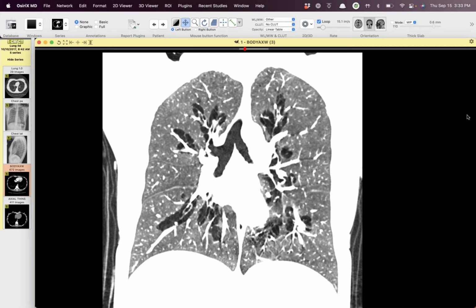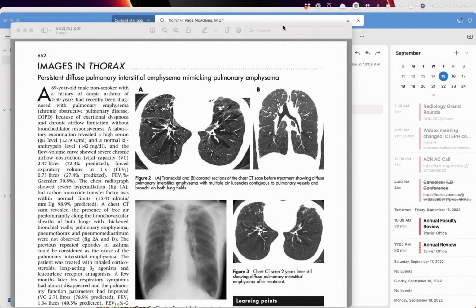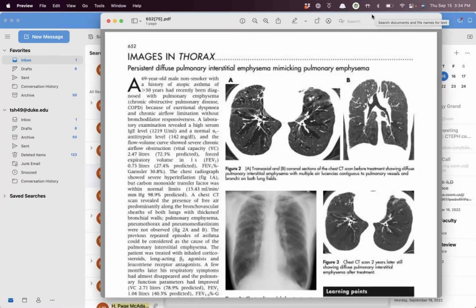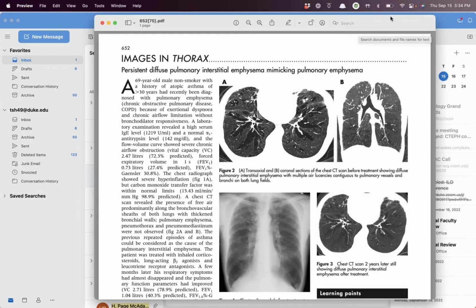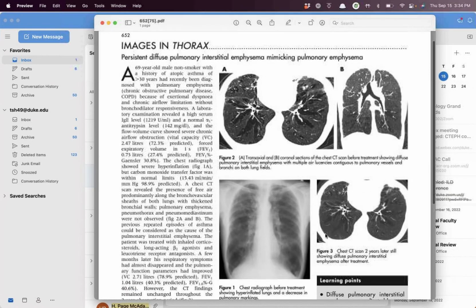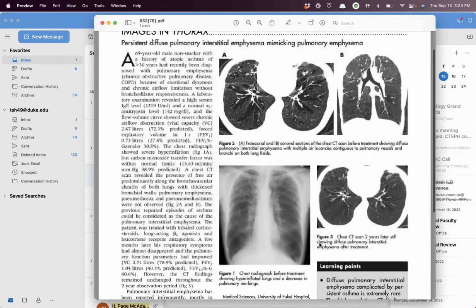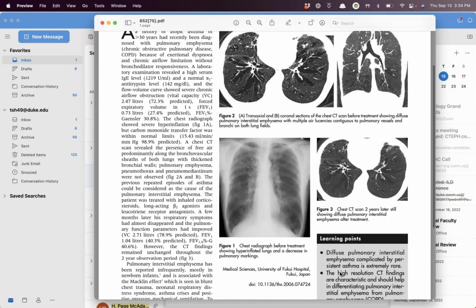Here, I've got it. Yeah, it's persistent diffuse pulmonary interstitial emphysema mimicking emphysema. I mean, it looks identical, but I don't know what the heck that even means. So, I don't know. I mean, it does look very similar.